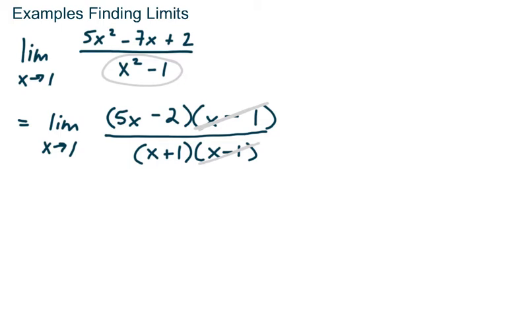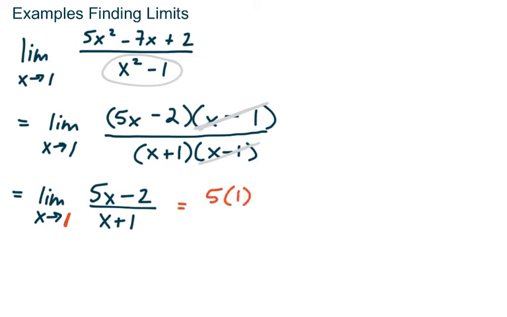Now, it's not always going to be that way, but it's just kind of a hint. I'm looking for something to cancel, so I was expecting that. Anyhow, now that we cancel, that leaves me with the limit as x approaches 1 of 5x minus 2 over x plus 1. At this point, I can take that 1 value and plug that in.